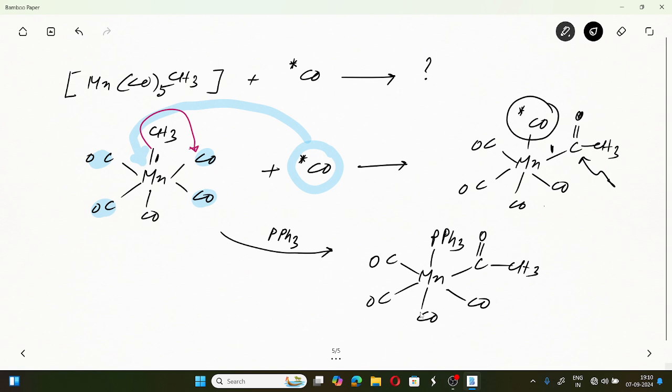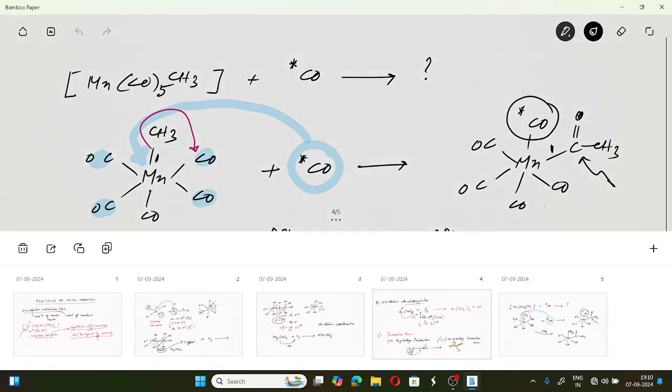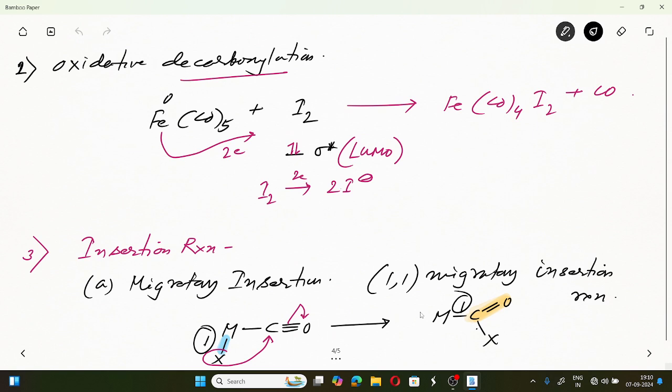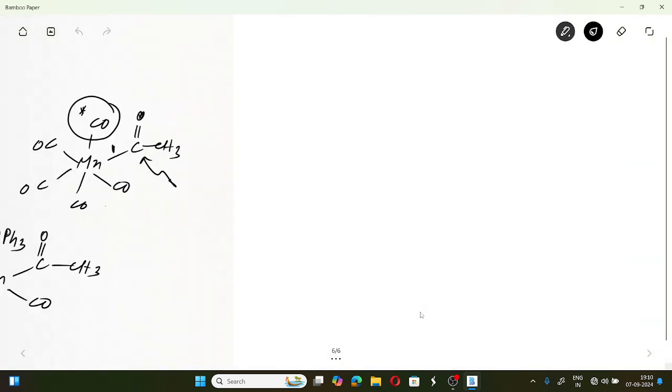ঠিক আছে, তাই এই রিয়াকশনটা কিন্তু ইম্পর্টেন্ট. Now see, the insertion reaction may or may not be migratory. এখন আমরা দেখালাম না এখানে, আমরা কি বললাম দেখো, we have mentioned that it's a migratory insertion. Now it may not be migratory, so it can be non-migratory insertion also.